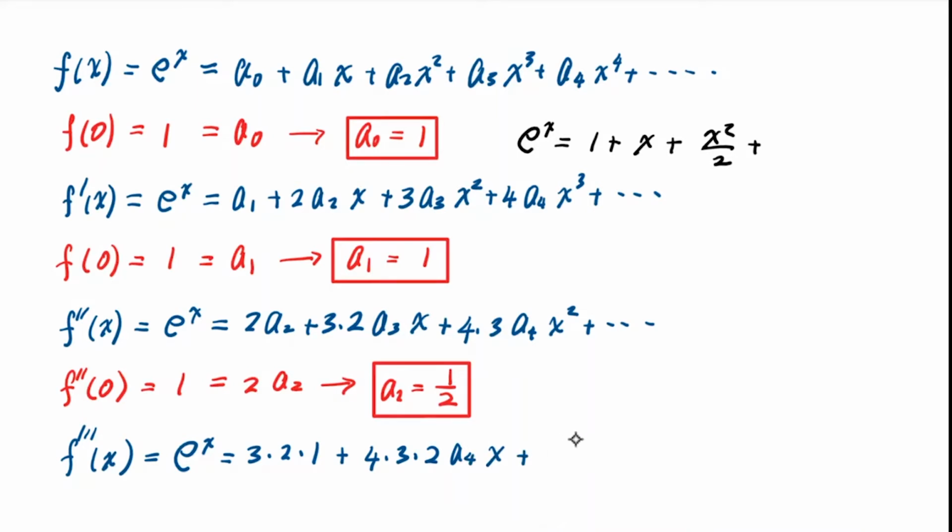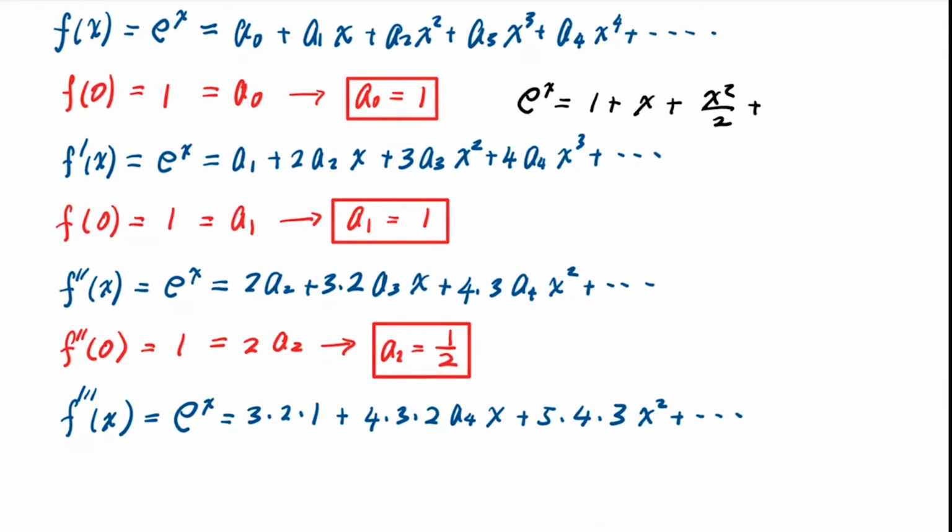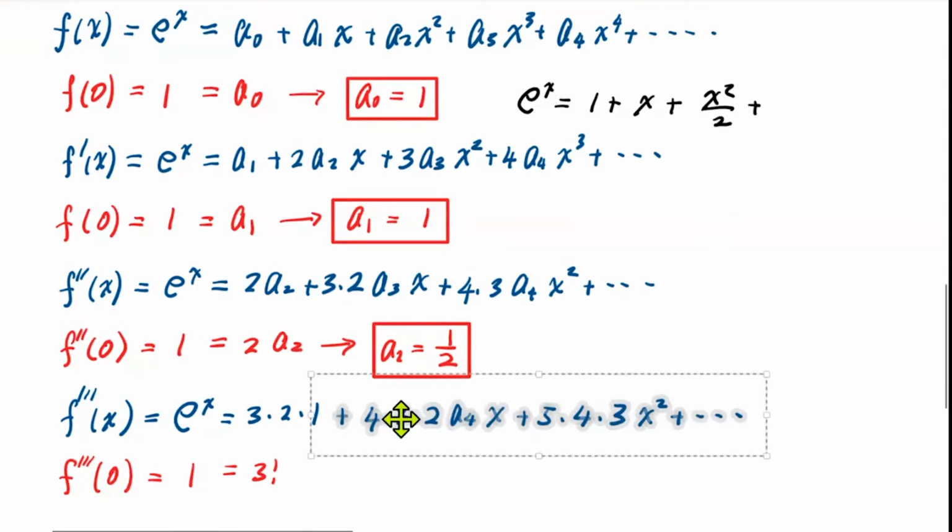Somebody tell me what the next one should look like. 5 times 4 times 3x squared, and so on, like that. Who's confused? Are you all with me? And substitute 0 again. So this thing becomes 1. Is it 3 factorial? What do you say? Oh, I forgot a3. Hold on, I'm going to put it in.